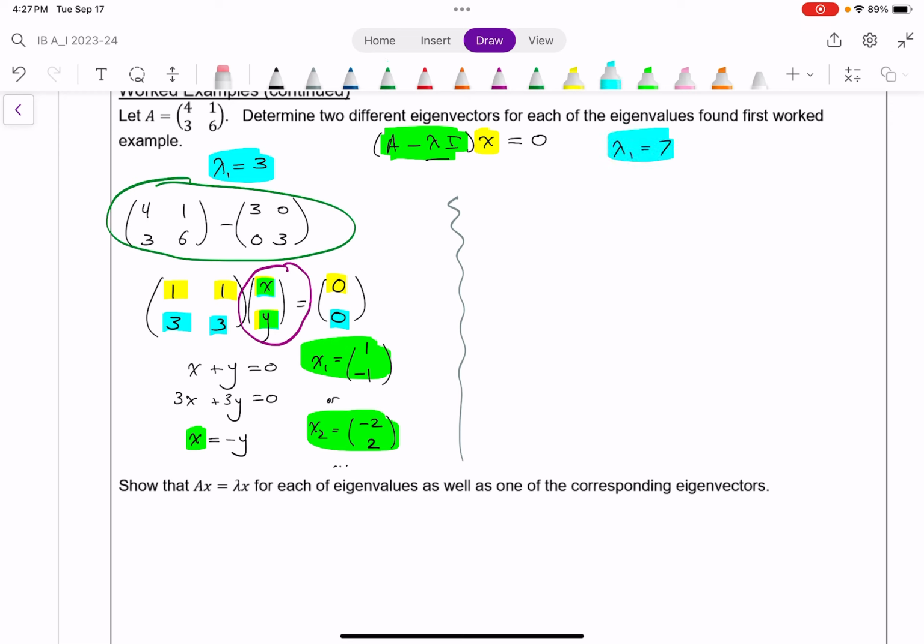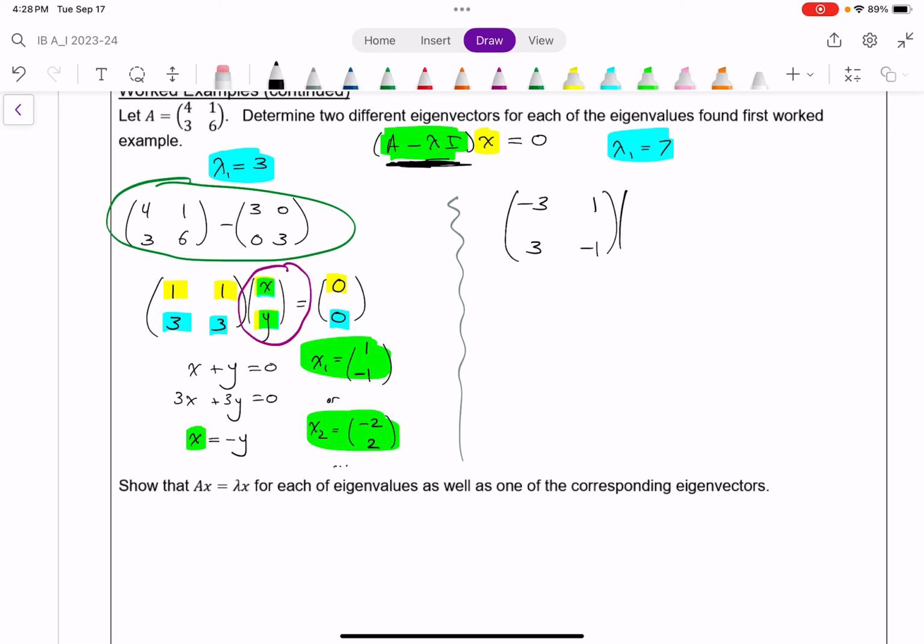And so pretty quickly, it should be 4 minus 7, and this will be a 7, and this will be a 7. So without making too much of a mess of things, I should get negative 3, 1, 3, negative 1. Keep in mind that is not A, that is A minus 7 times the identity matrix.